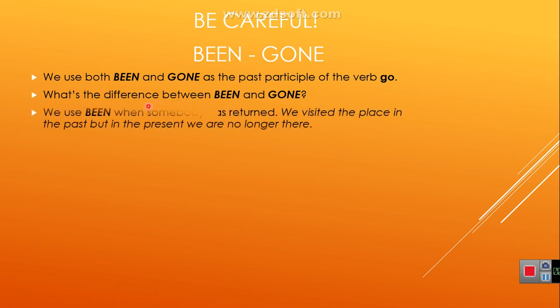Let's see. We use been, of course, with has or have when somebody has returned. For example, we visited the place in the past, but in the present, now we are no longer there. We have returned.